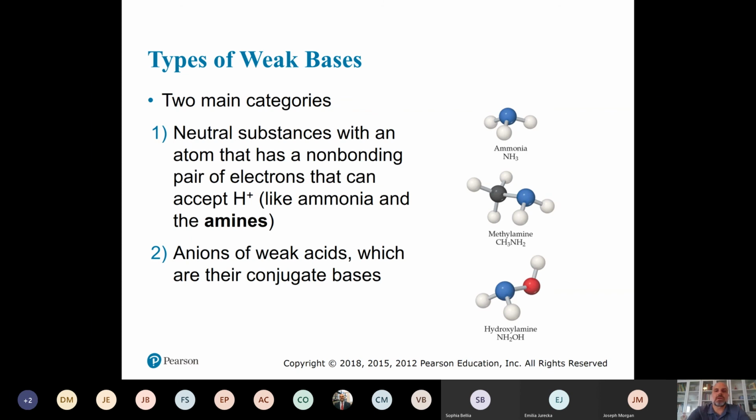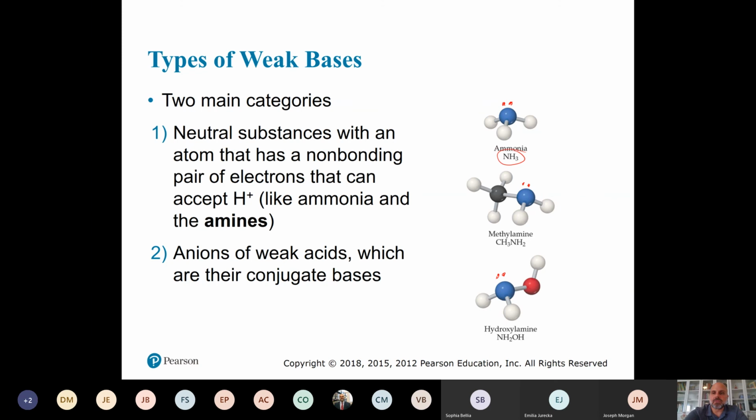So let's look at ammonia right here, NH3, and you can see there's going to be a lone pair sitting on top of the nitrogen, or methylamine, where this nitrogen again has the lone pair present. Hydroxylamine, the same exact thing. The lone pairs on each of these are going to act as the bases in this reaction. In all the cases, they're just going to end up protonated, right?